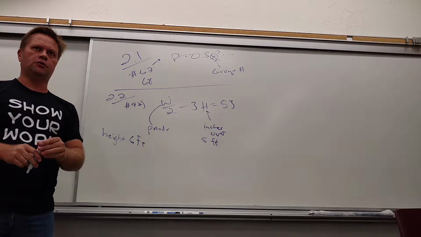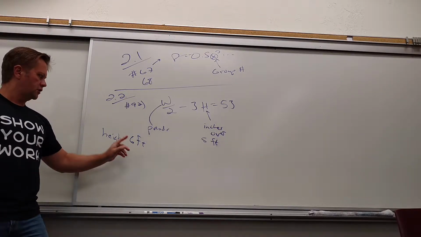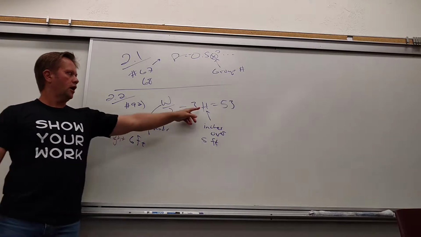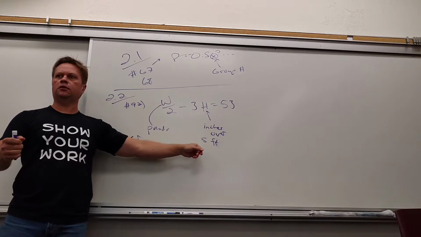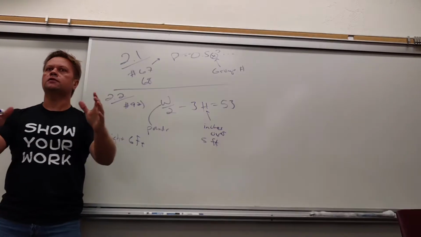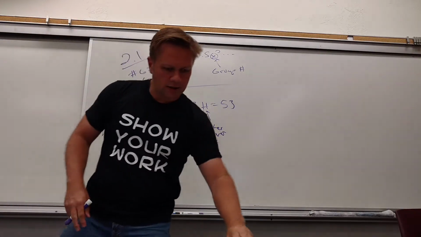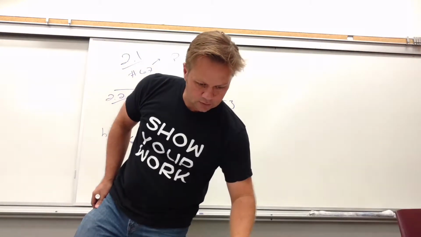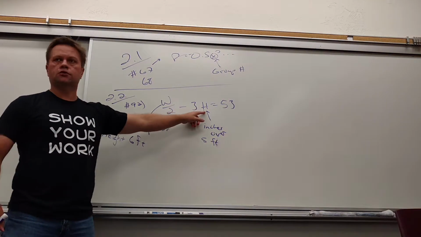If you're 6 feet tall, H is going to be 12, because that's how many inches over 5 feet you would be. Now the question says, what would be a healthy weight for a 6 foot tall person? So then you just plug in 12 for H and solve for W.